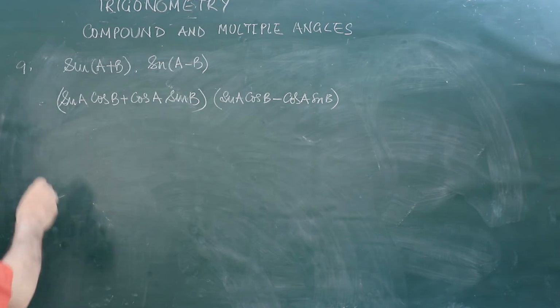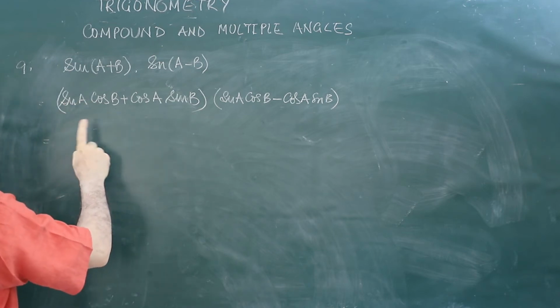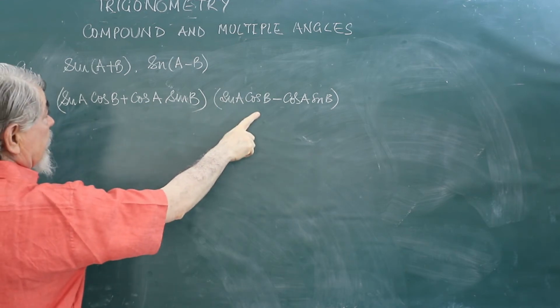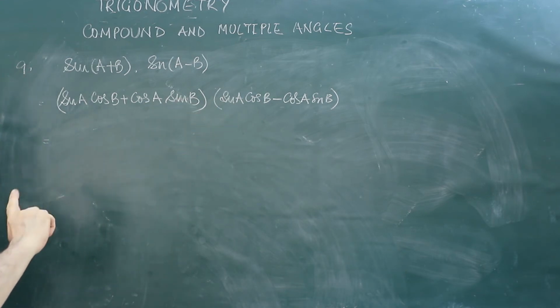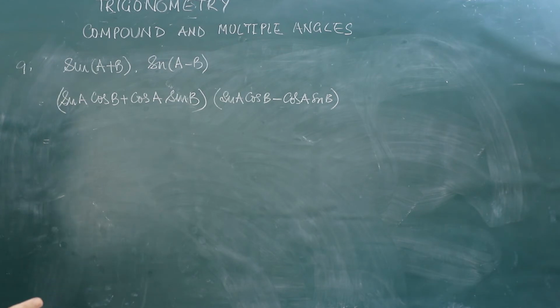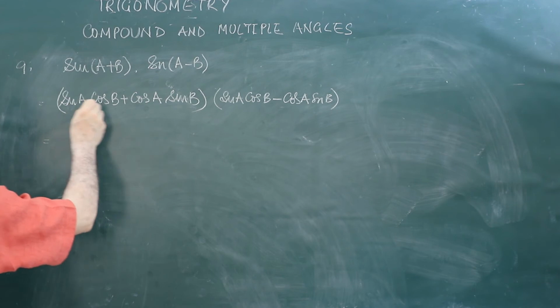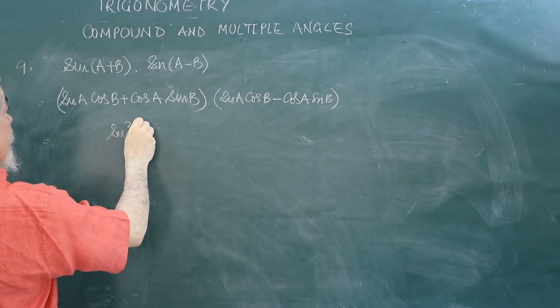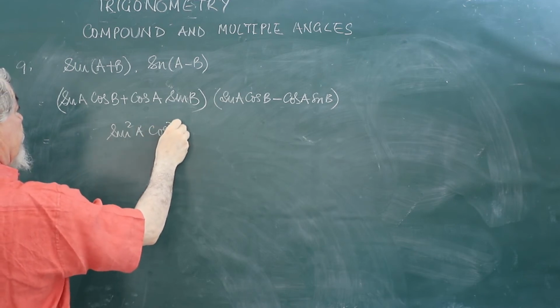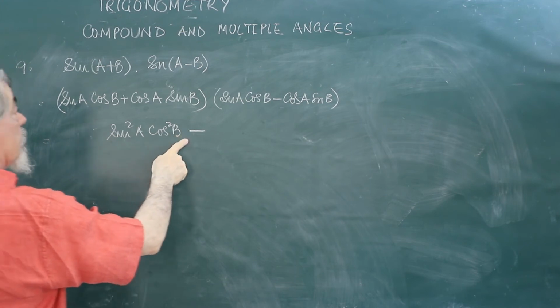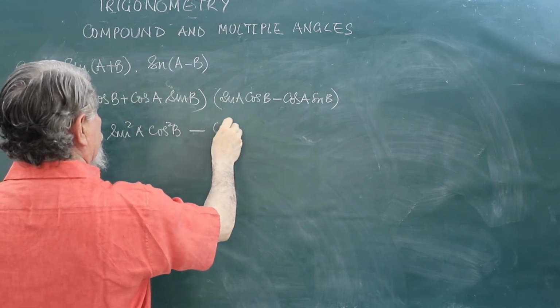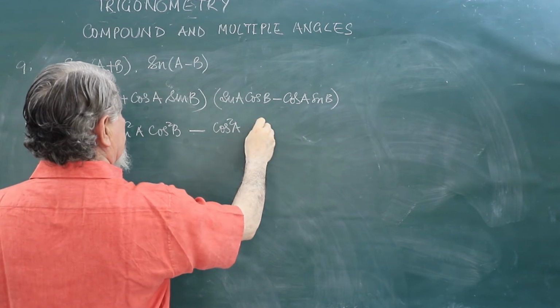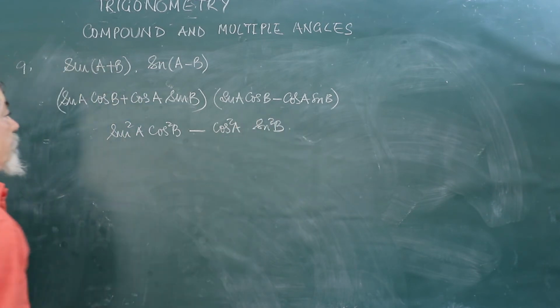So let us see what it has become. (A plus b)(a minus b) means a square minus b square, because the factors of a square minus b square are (a plus b) into (a minus b). So we get sin square a cos square b minus cos square a sin square b.